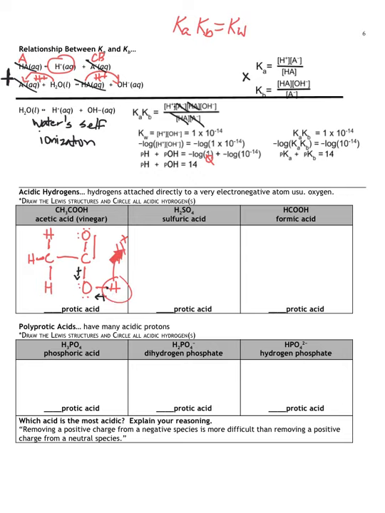Now, because there's only one acidic hydrogen, we call this a monoprotic acid. Mono means one, and protic means proton. And here is your proton right here. Why don't you draw the next 2 examples, sulfuric acid as well as formic acid, and figure out what type of protic acid it is.